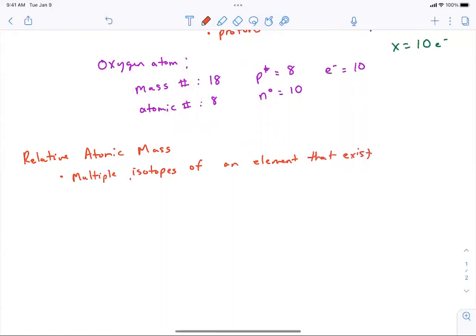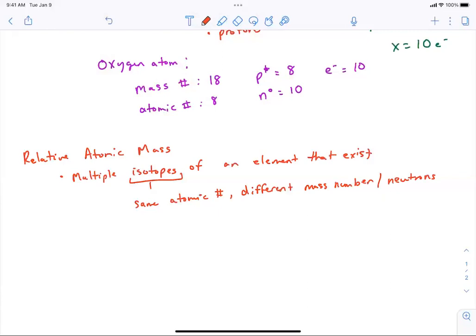And don't forget, isotope, just as a definition, is the same atomic number, different mass number, or number of neutrons. I think both are acceptable for definition. Yes, Noah. No, that's a coincidence.